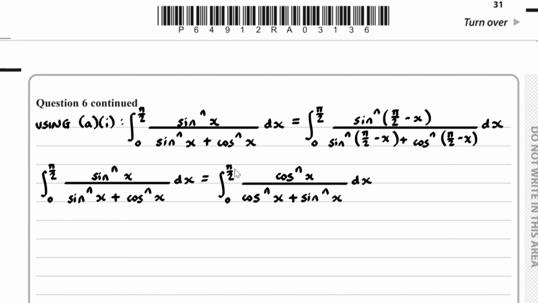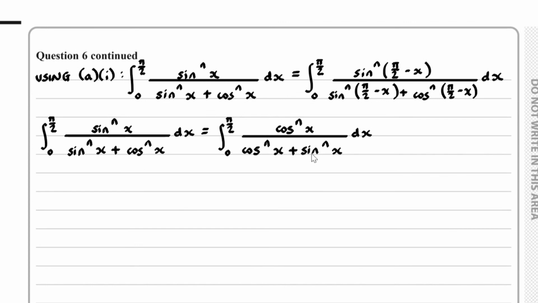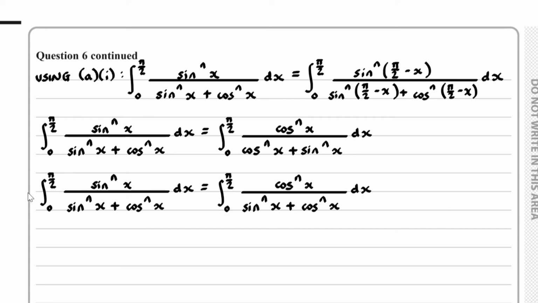We've got the integral from 0 to pi over 2 of cos x to the n over cos x to the n plus sine x to the n, all being integrated with respect to x. And now, because of commutativity, we can swap the sine x and the cos x on the right hand side, as we see here. So this is just applying the commutativity laws.